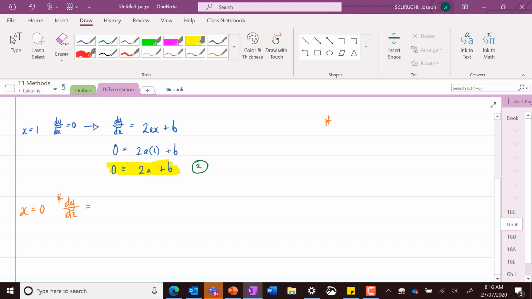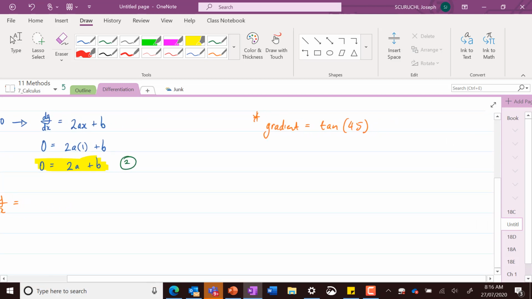We are told that the gradient is going to be tan of 45 degrees. Now, we don't like thinking in terms of angles. We like to think in terms of rise over run. So what we can do is picture what this is going to be. Remember, tan, right angle triangle, this is going to be 45. It gives us the ratio of opposite over adjacent. And as you can clearly see, this is my rise over run.